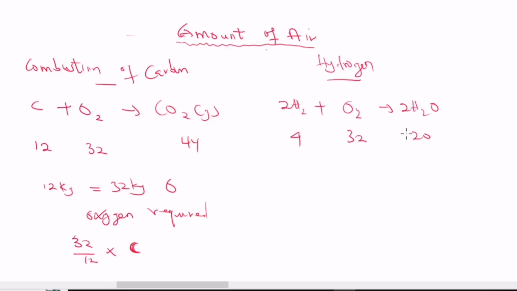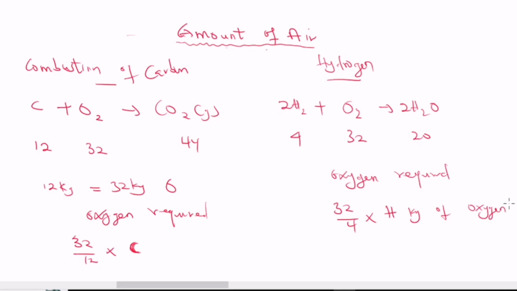So we're finding the oxygen required for a combustion reaction of hydrogen. The oxygen required will be 32 over 4 times the hydrogen, in kilograms of oxygen.